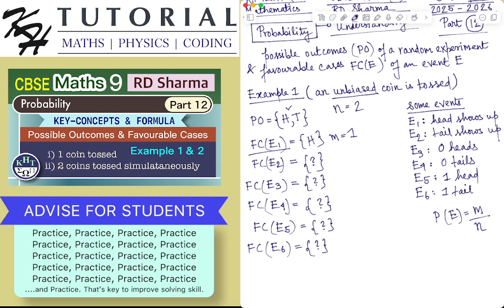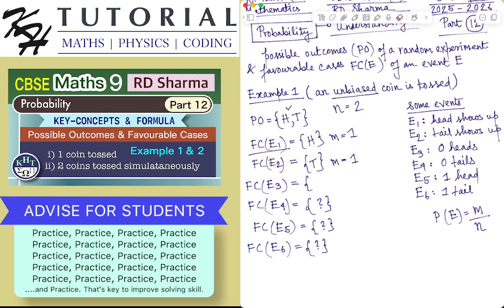Let's see what the favorable cases are for the event E2. Event E2 says tail shows up. So quite obviously the only outcome from the possible outcomes that satisfies the condition of the event E2 will be tail. So here also small m for the event E2 will be equal to 1. Let's see the event E3.